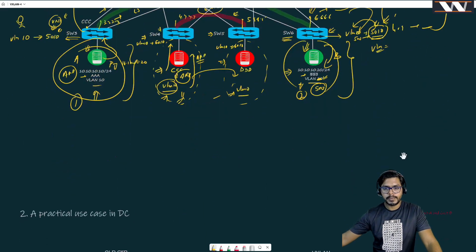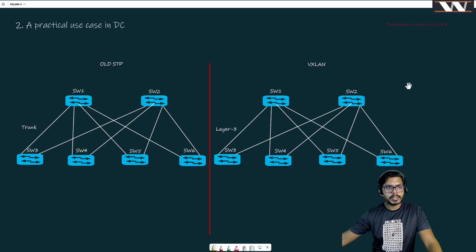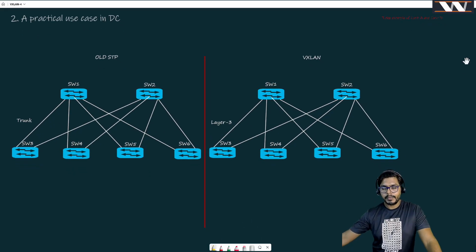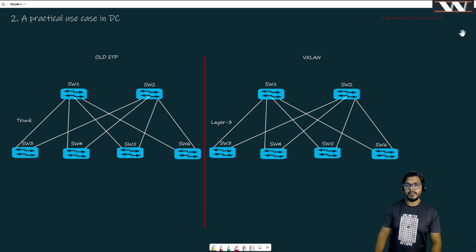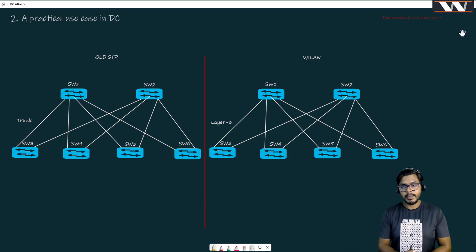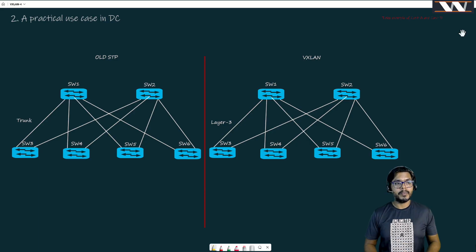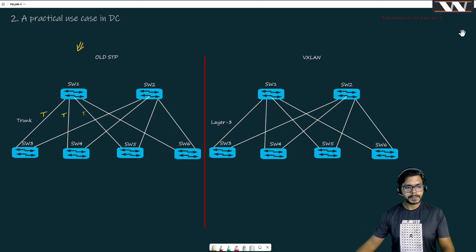I am going to the next board and just try to pay close attention here, right? Because this is a practical scenario, and here you are going to learn why or how this number is increased, right? Consider we have this old spanning tree model, or basically we have all trunk interfaces here, right?